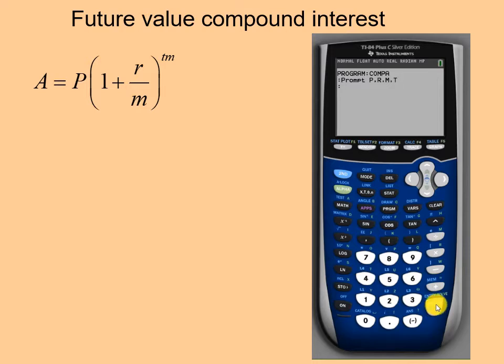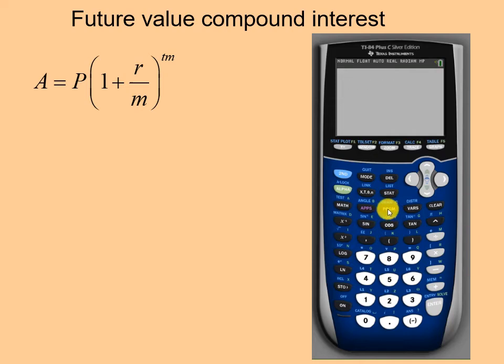Press enter, and then we enter our formula in calculator format, which we would have a P times, parentheses would be fine, 1 plus R divided by M, close parentheses, exponent, parentheses again, TM, enter, and then display the answer.